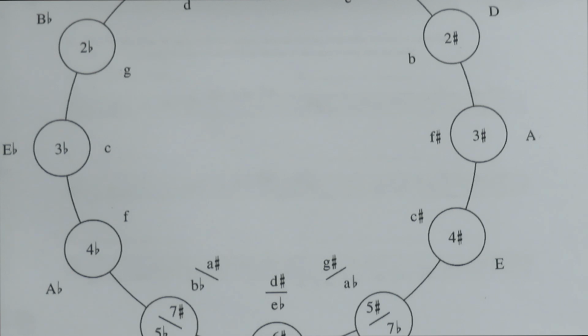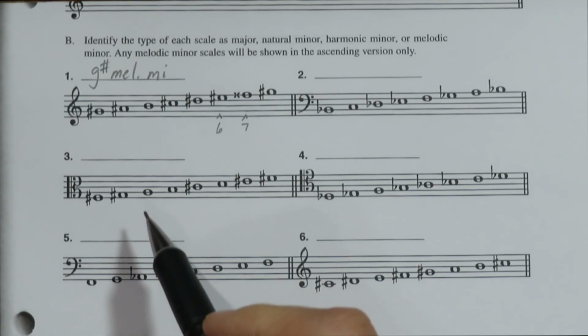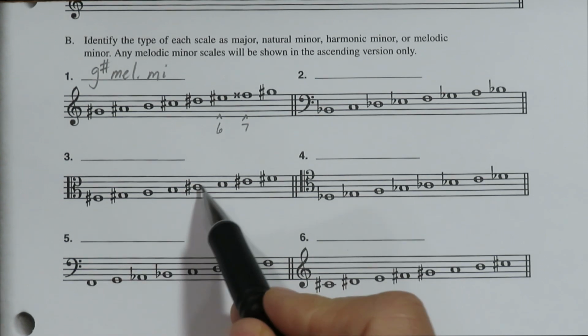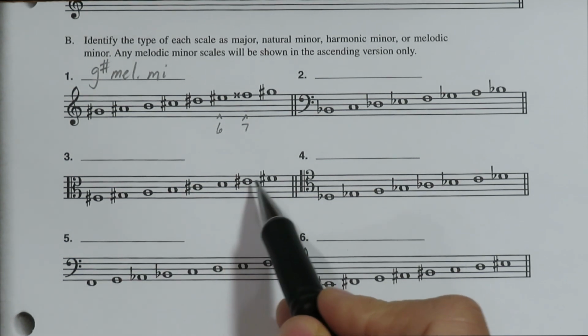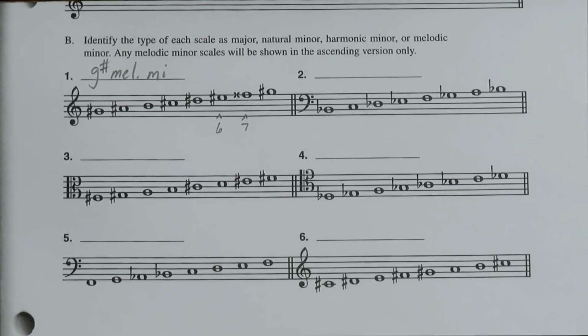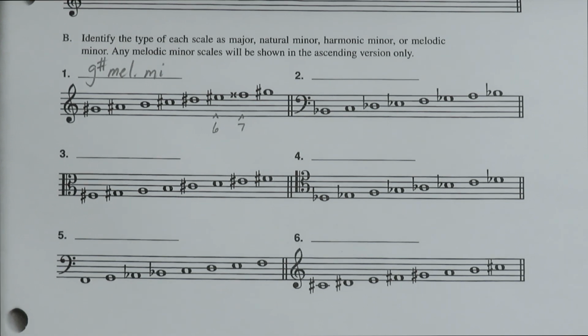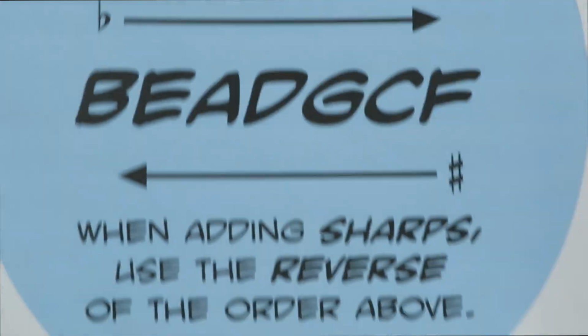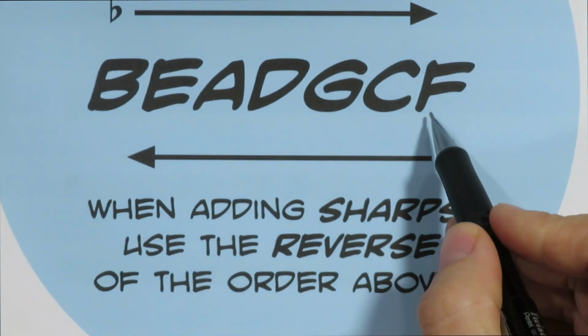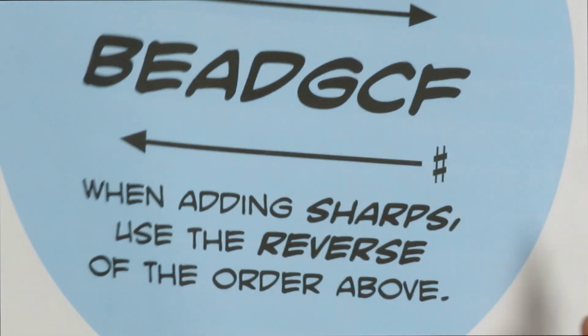So that's closer. All right. 1, 2, 3, 4. There's an extra sharp there. So the key with 3 sharps, A major, the sharps would be F, C, and G.